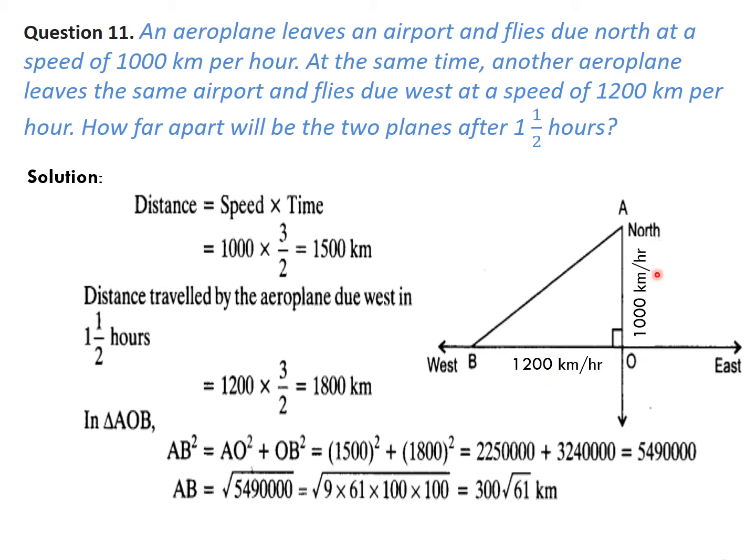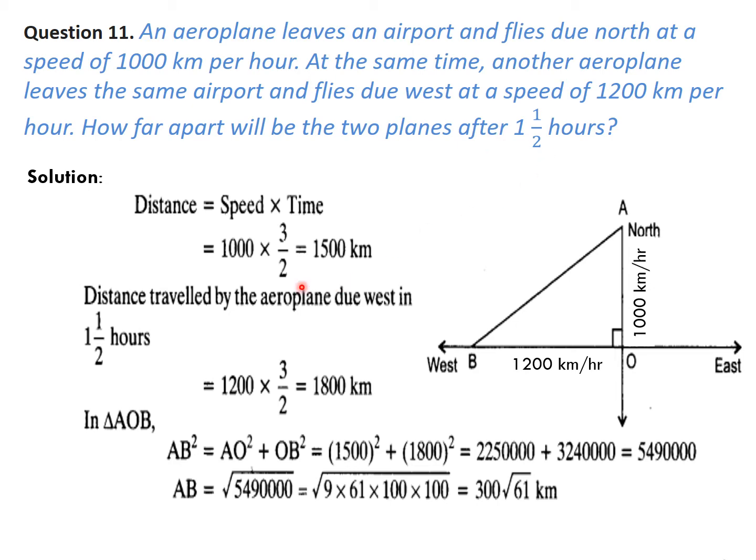So, the first plane will travel 1000 km in 1 hour and the second plane will travel 1200 km in 1 hour. Distance is equal to speed into time. For the first one, the distance covered is 1000 km into 3 by 2, that is 1.5 hours.